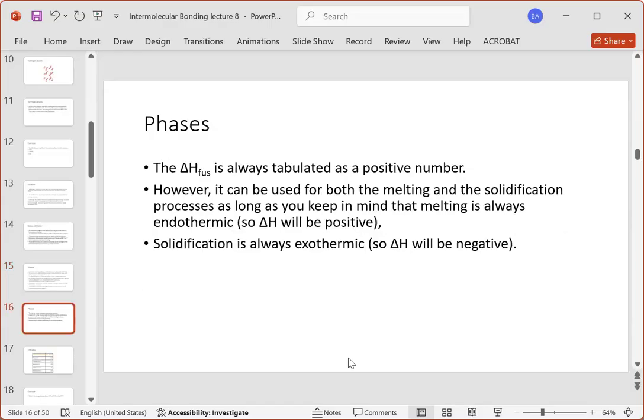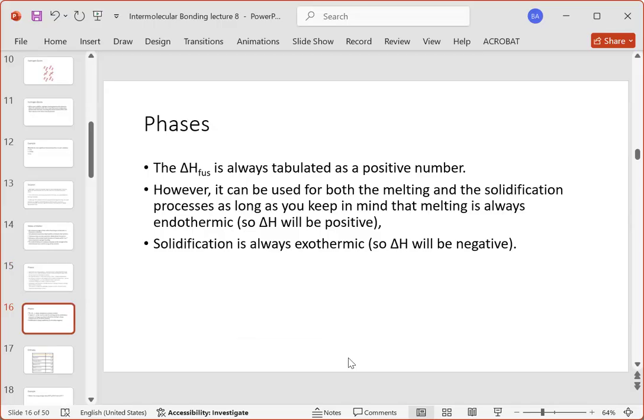When it finishes melting, then the temperature starts to increase. Delta H fusion is always calculated as a positive number. Why is it positive? Because it attracts heat. Remember, an endothermic process is when the system attracts heat from its surroundings to do the work.